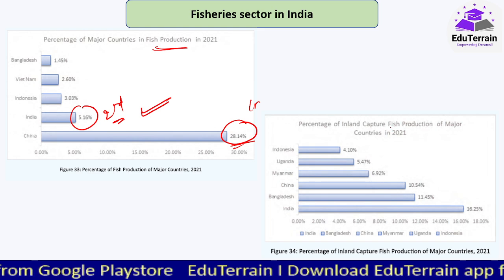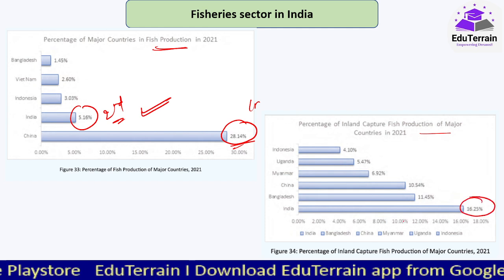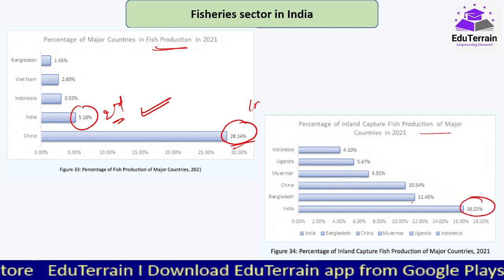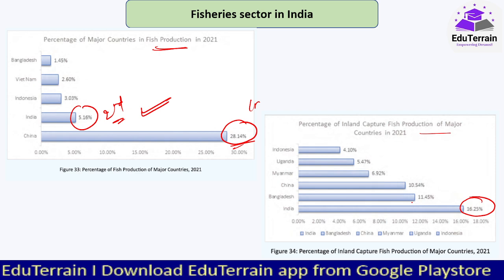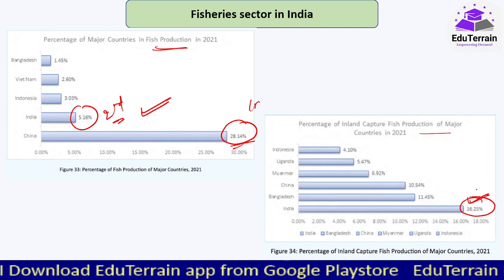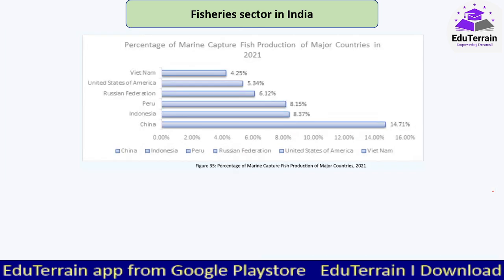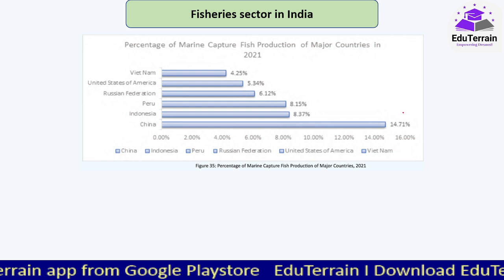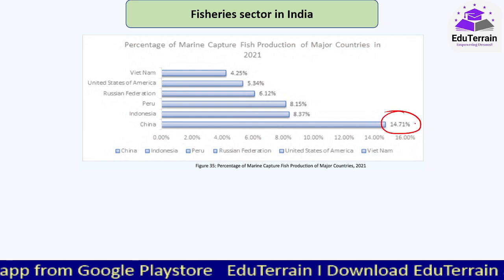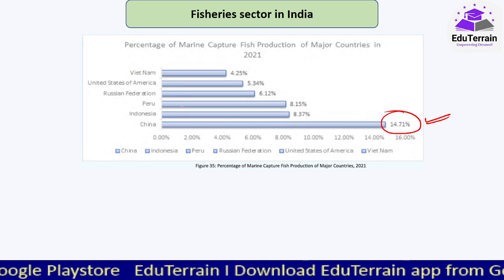Percentage of inland capture fish production अगर उसमें देखा जाए तो उसमें India का सबसे highest है, because inland का India का सबसे highest है, marine में बाकी countries का highest है. That's the reason, again only if you look at the inland capture then it is India that is highest, which is contributing 16.25%. अगर marine का देखा जाए तो it is of the China with 14.71%. India तो nowhere to be seen here, as you can see here.